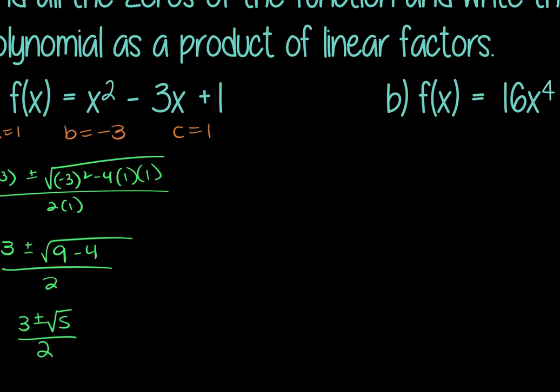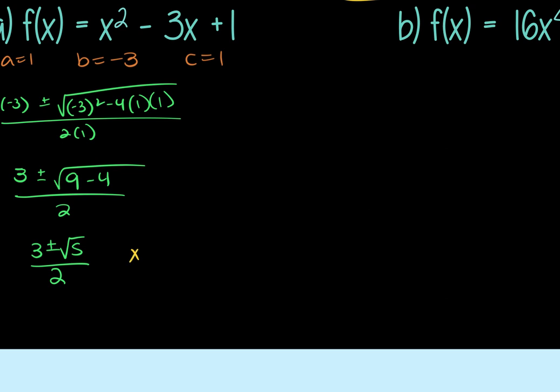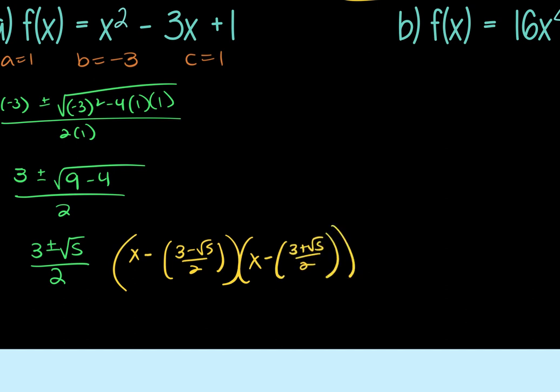So I have to put x minus in front of each of those. So it would be x minus, I'm going to put it in parentheses so I remember to distribute, 3 minus root 5 over 2, and x minus 3 plus root 5 over 2.